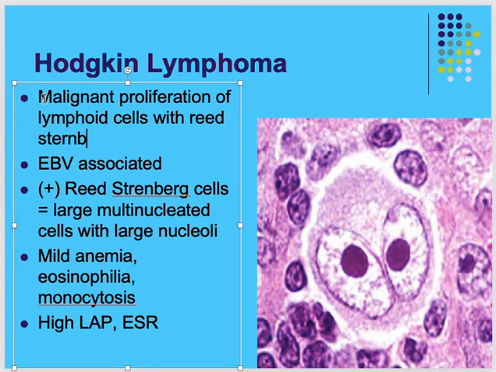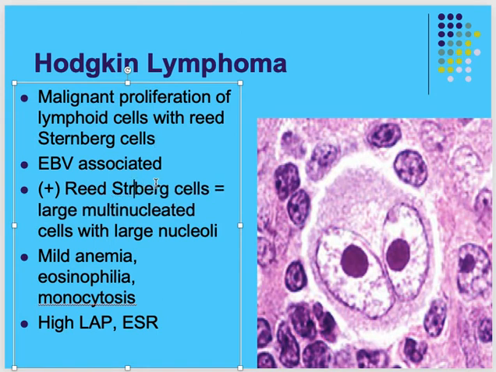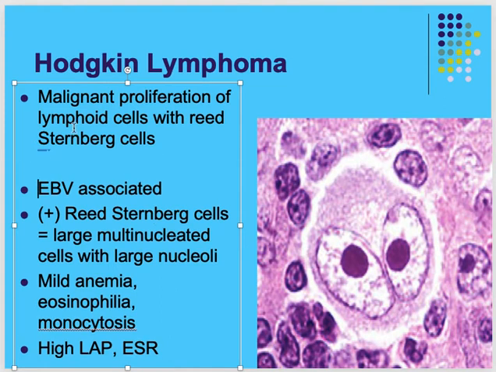The spelling down there is wrong. Sternberg cells. Okay, so this is the definition for Hodgkin lymphoma.